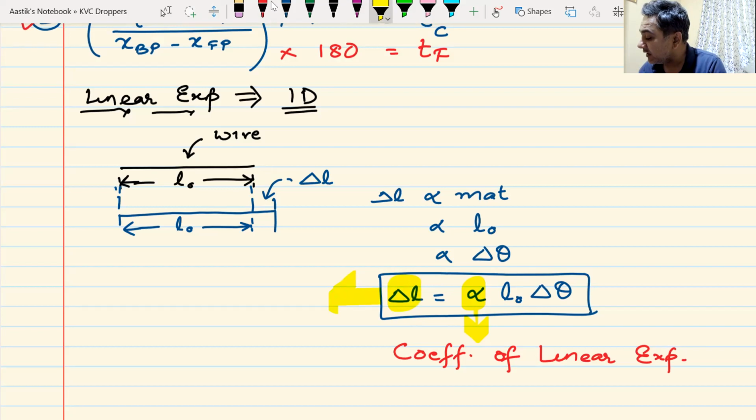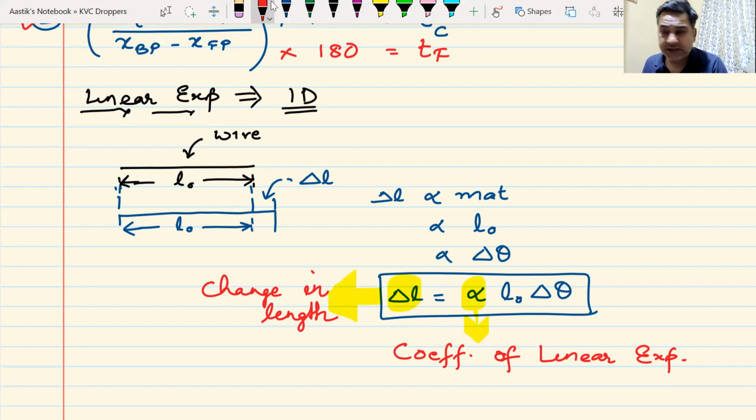This delta L is the change in length. L naught is the original length. Delta theta is the change in temperature.